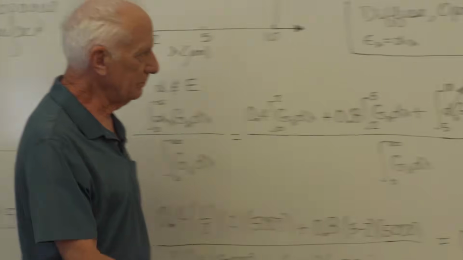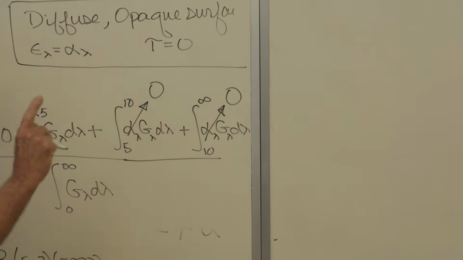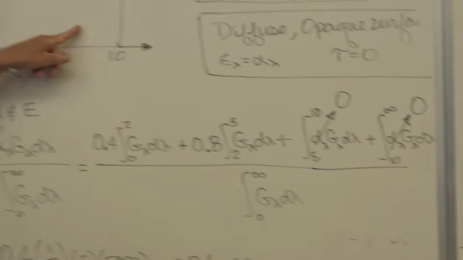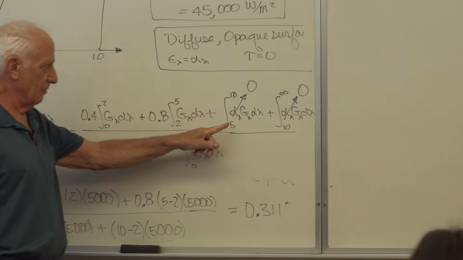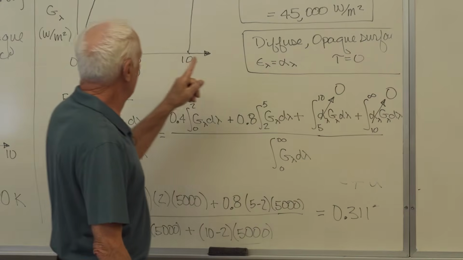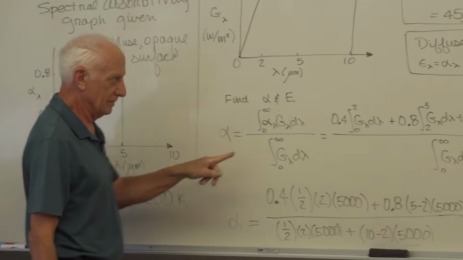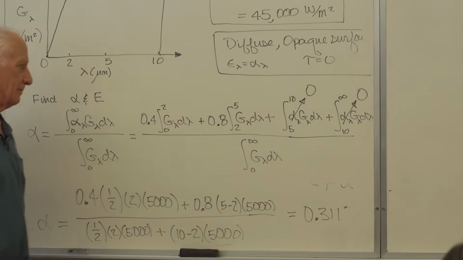Okay, so 10 to infinity. Now, from 5 to 10, G lambda is not 0, but alpha lambda is 0, so that integral part goes out. From 10 to infinity, G lambda is 0, alpha lambda is 0, so 0 times 0, 0. Divided by that.